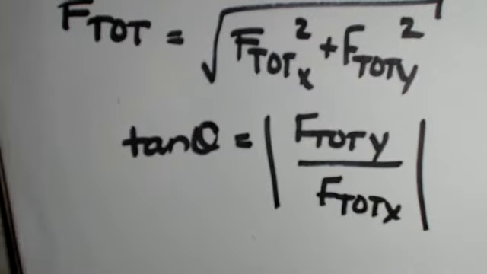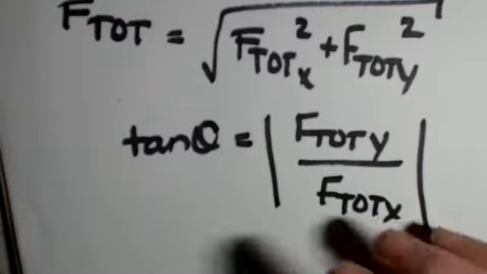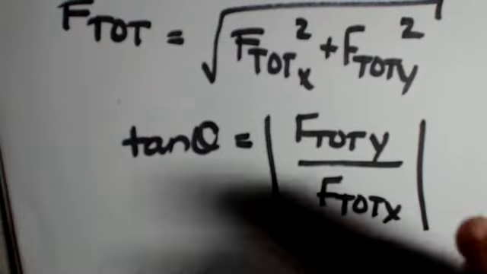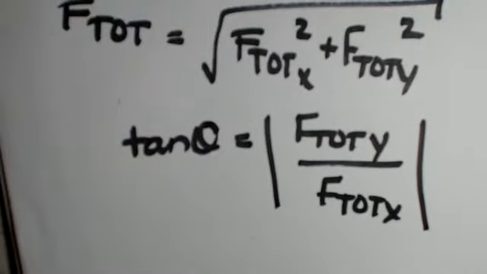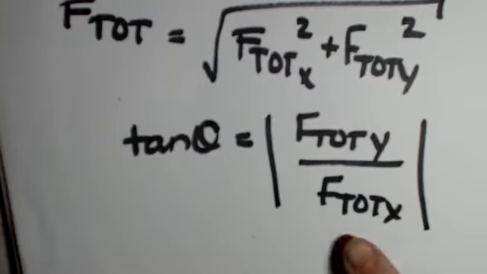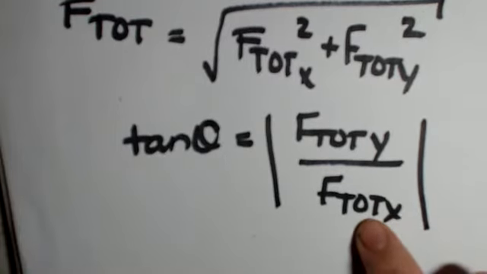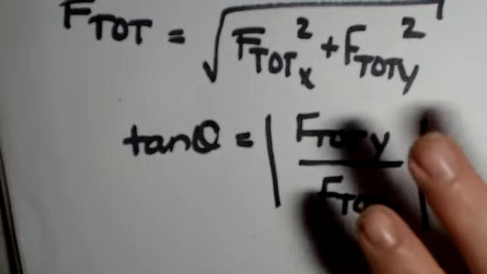So I just draw the picture myself and figure out it's pointing to the left or the right or above the x-axis or below the x-axis. I say that myself instead of letting my calculator do it, because my calculator's stupid and it doesn't know. So I use the included angle here.